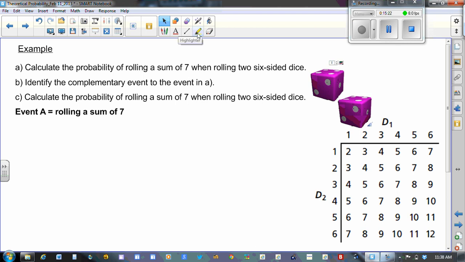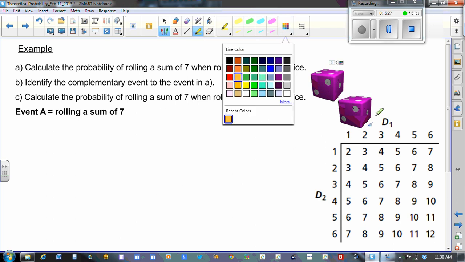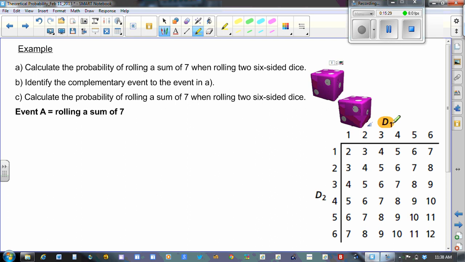Well, if you look at what we have here, just in this table, these are the possibilities for die 1. So the outcomes of die 1, here are the outcomes of the second dice. If we look further into the table, you're going to see that if we combine a value from die 1 with that of the second dice, we'll end up with a sum of 7.